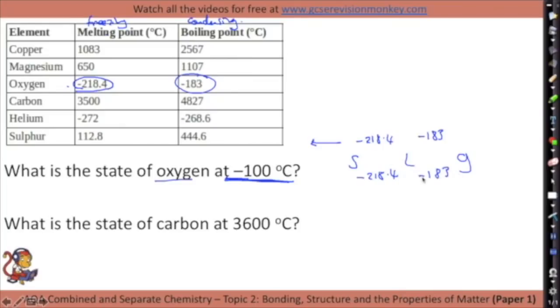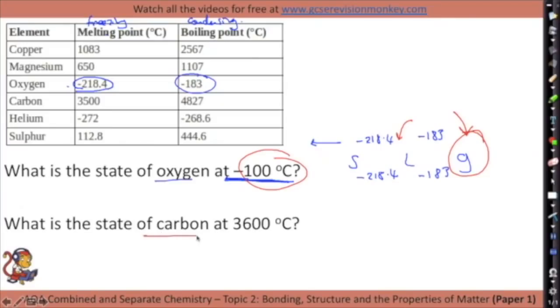If the number falls between minus 218 and minus 183, that would mean it would be a liquid. But as minus 100 is higher than minus 183, it falls on this side, so oxygen would be a gas.